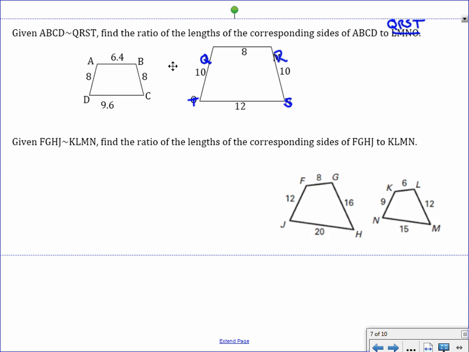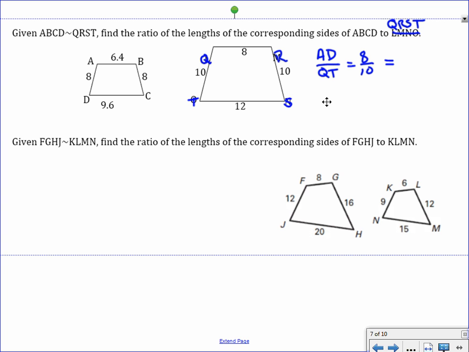Okay, so AD and QT would be 8 over 10, which would be the same thing for BC and RS.